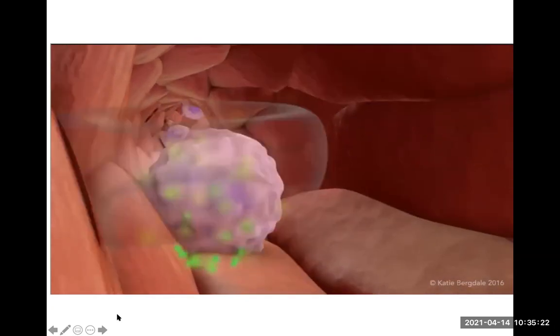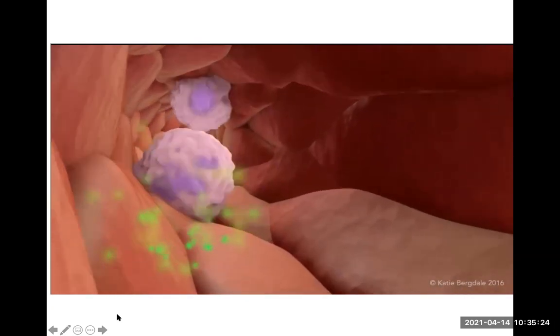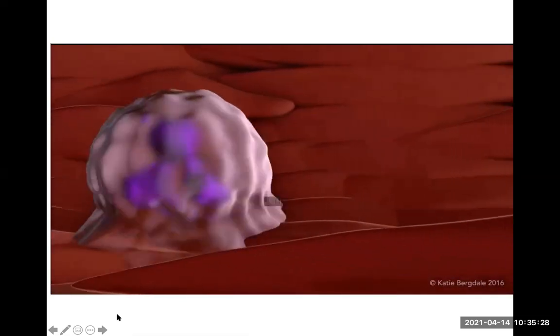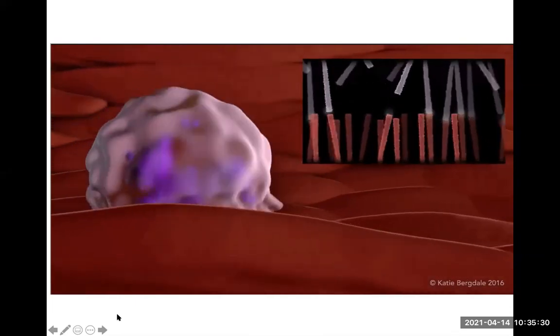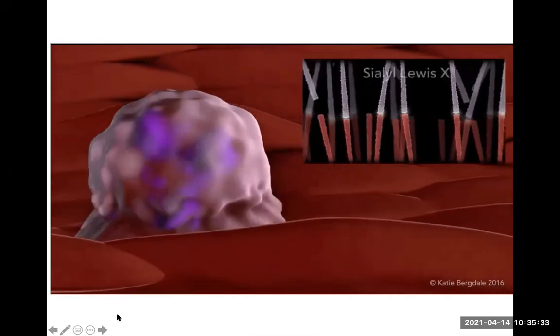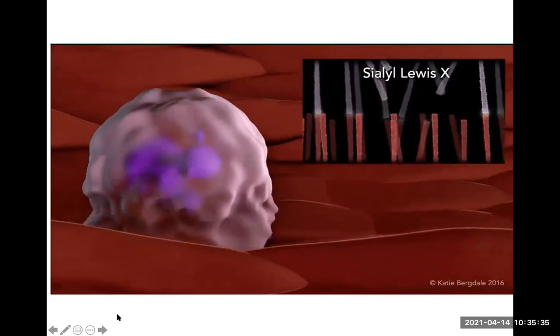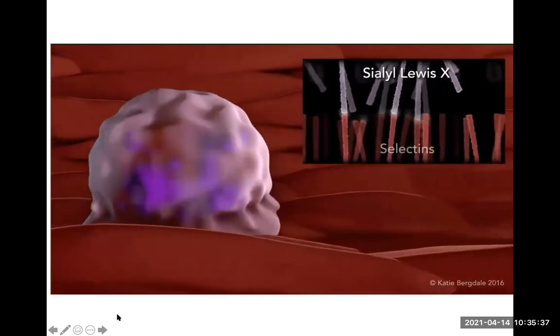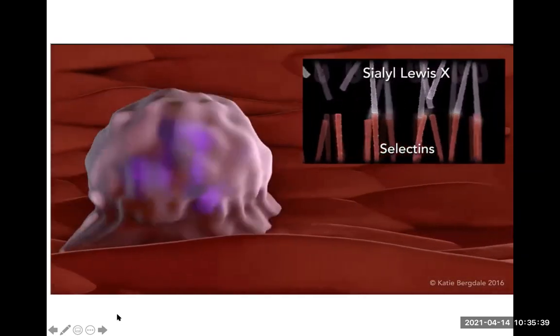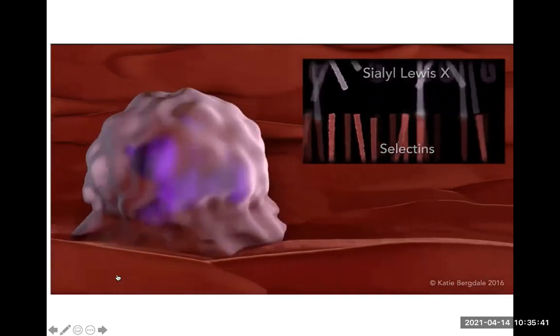This movement is possible through unique molecular interactions between neutrophils and the endothelial cells. The neutrophils are slowed down by the formation of weak transient bonds between Lewis X, a carbohydrate expressed by neutrophils, and selectins, adhesion molecules produced by endothelial cells.